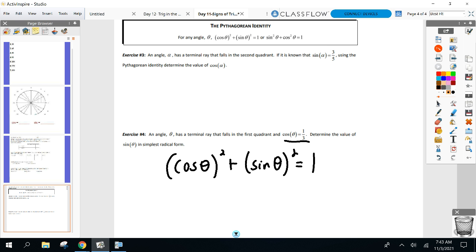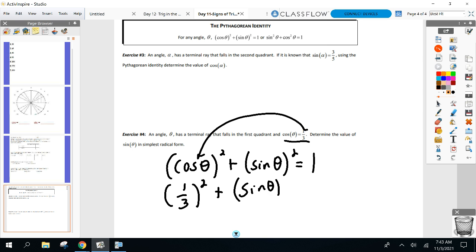What's the value? We already know it. I gave it to you. It is 1/3. Now, I don't put cosine 1/3. Look, cosine theta is 1/3, so it's just 1/3. I don't even attach the cosine with it. Plus, this is what I'm solving for: sine theta, all squared, equals 1.